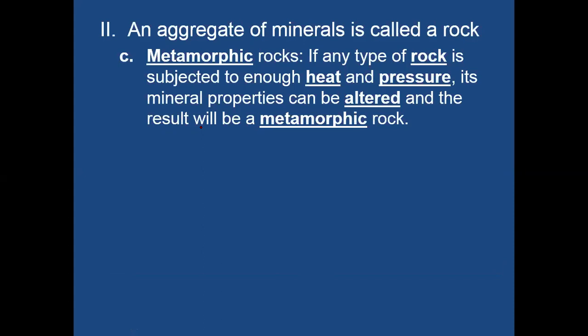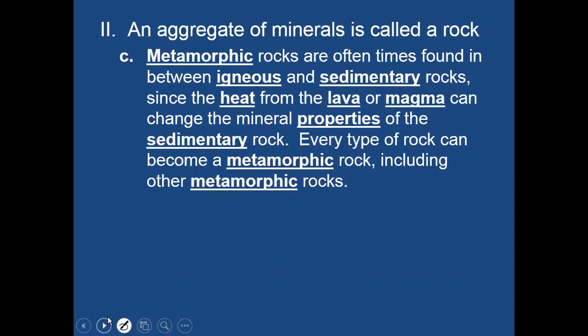And the third type of rock is metamorphic rocks. So metamorphic rocks are any type of rock. So we take a sedimentary rock, an igneous rock, or even a previously formed metamorphic rock, and we subject it to heat and pressure enough to alter it, we're going to get what we would call a metamorphic rock.